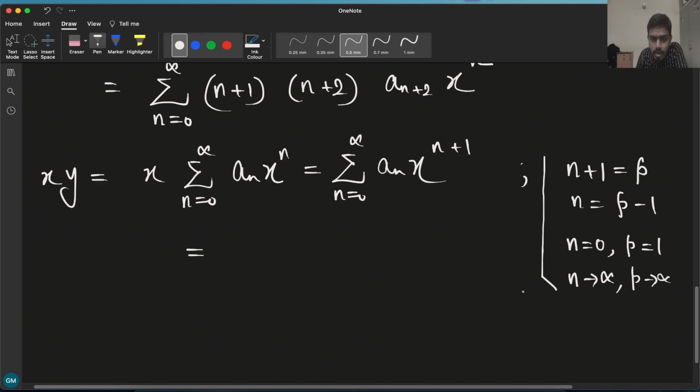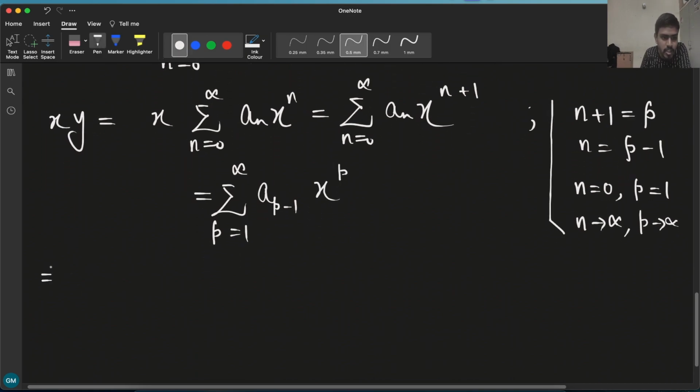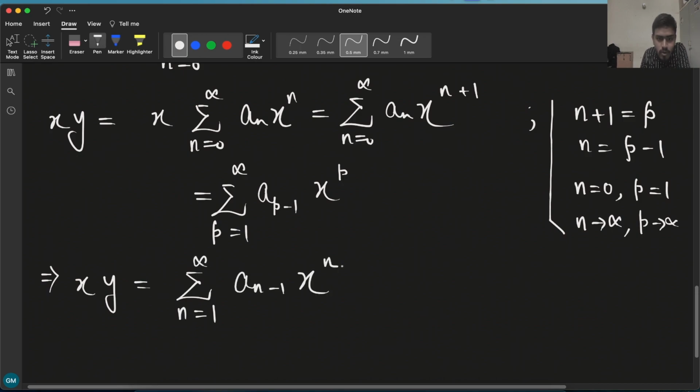Okay, and if I do that, then what we have is p equals 1 to infinity a of p minus 1 x to the power p, or as p is a summation index, I can just replace p by n. So n equals 1 to infinity a of n minus 1 x to the power n.